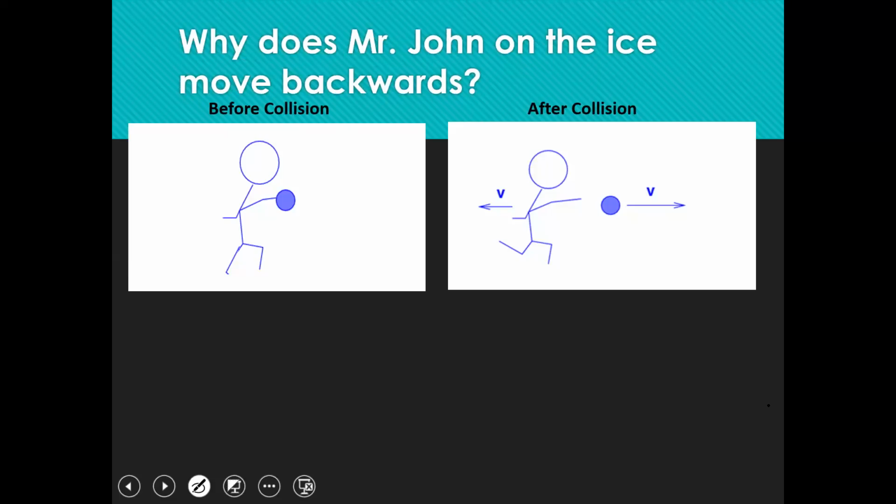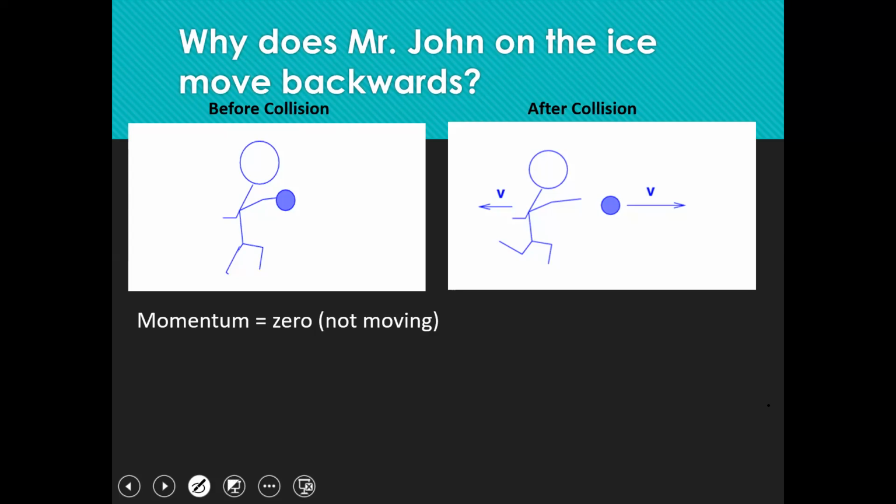Now look at this example here. Miss John, as he is moving on the ice before collision, look at the example here before collision. He has the ball in his hand and he's not moving on the ice. So the momentum here is 0. Why? We said before that the momentum is the product m times v.